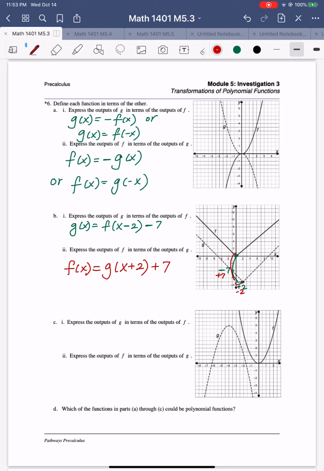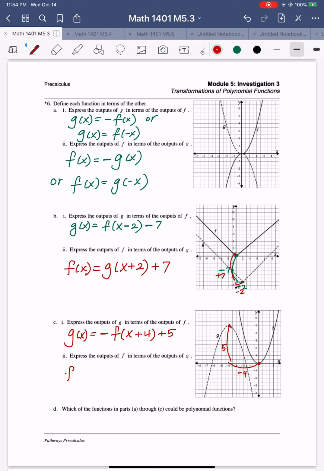From f to g, the vertex moved here. It moved to the left 4 and then up to 5. So k is 5 and h is negative 4. The g function is also upside down, so there's a vertical reflection, and then it goes to the right and up 5.